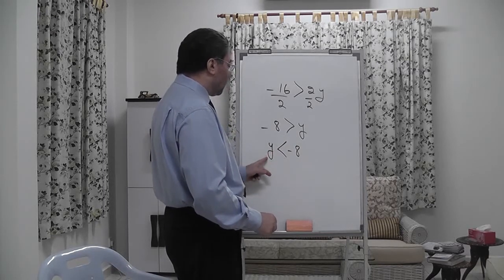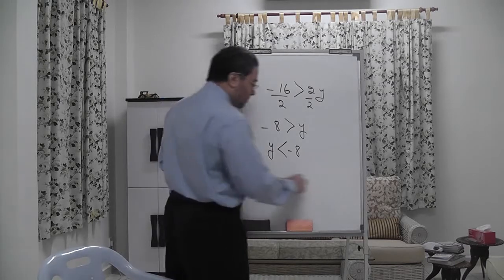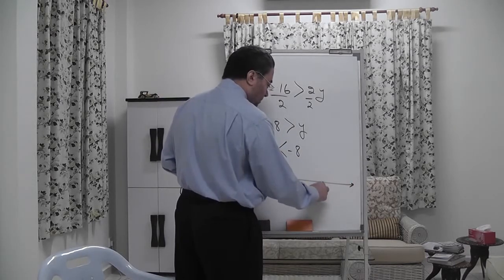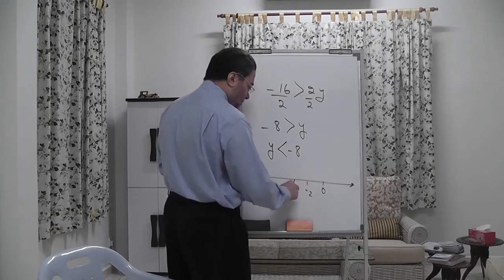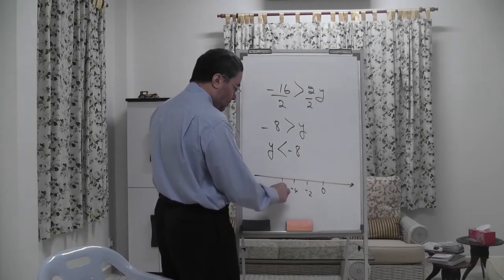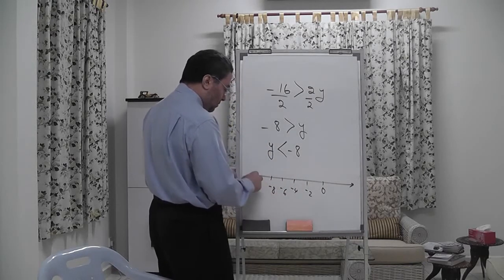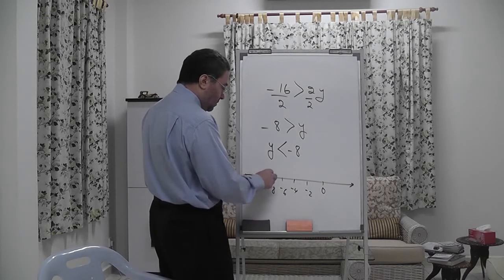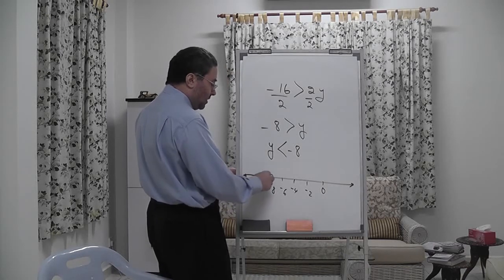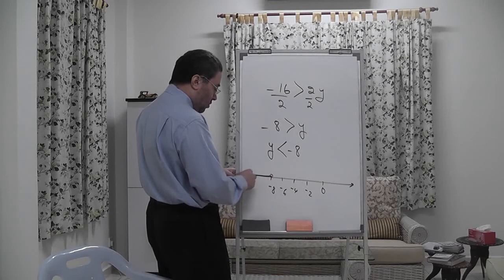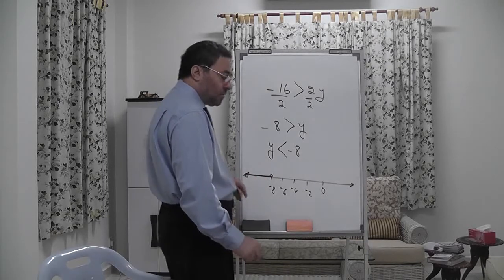The arrow points to the smaller quantity. We have an open circle at minus 8, and we go all the way to the end.